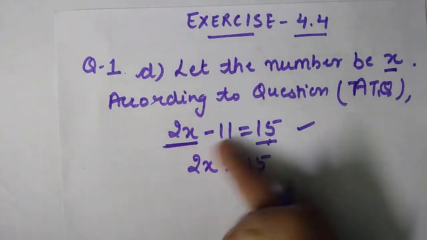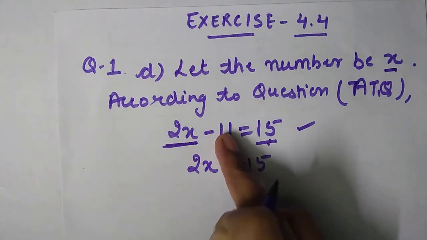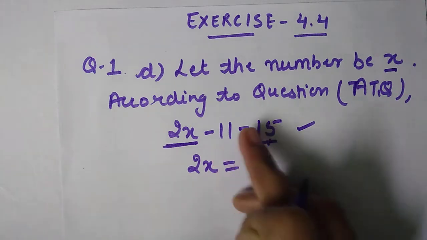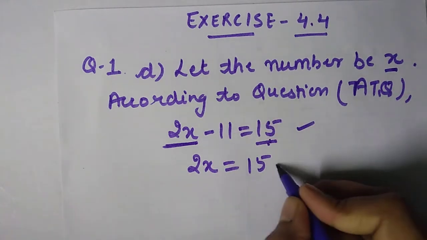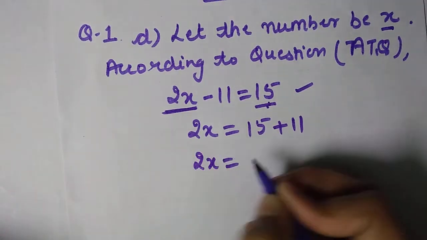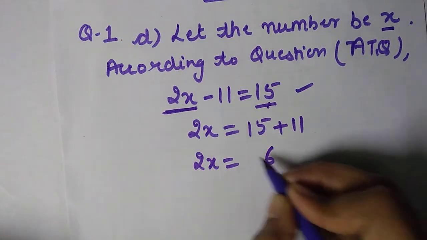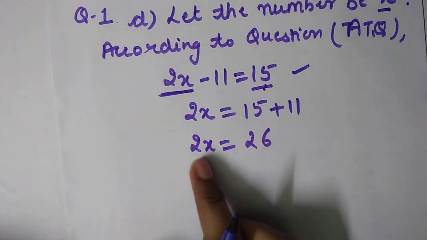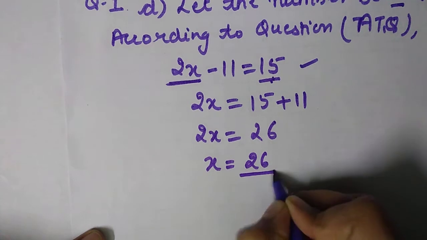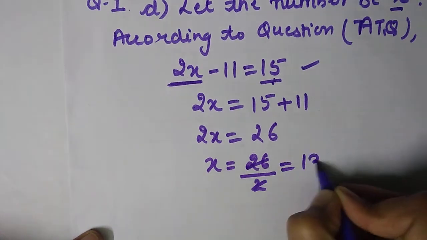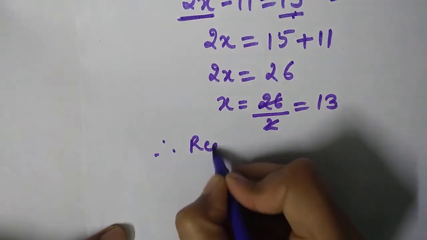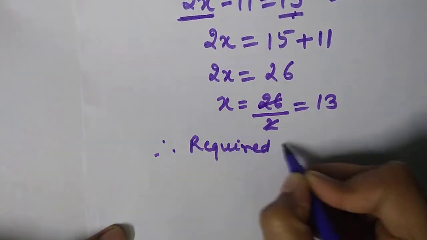Now this has to shift its side. As it is minus 11, if it shifts its side it will be plus 11. Now 2x equals 15 plus 11, which is 26. Now this 2 is in multiplication with x, so x will be 26 divided by 2, that is 13. Therefore the required number is 13.